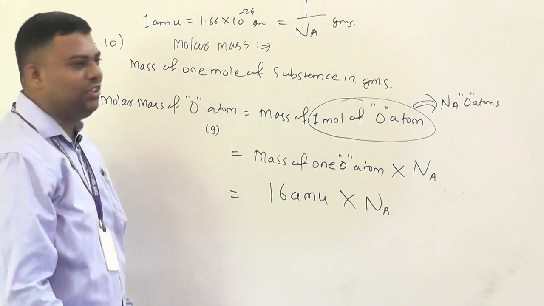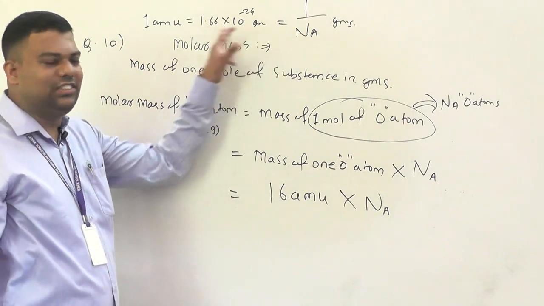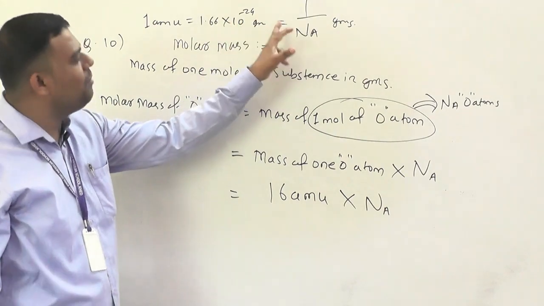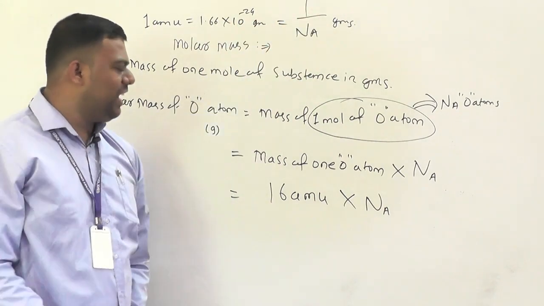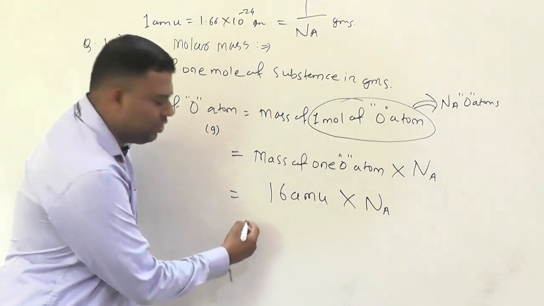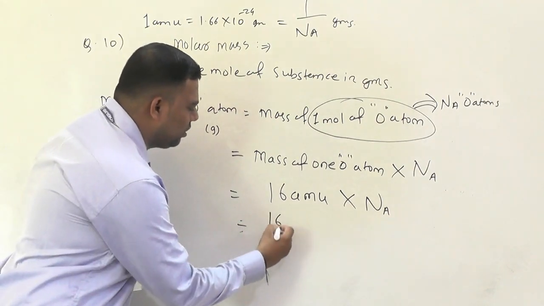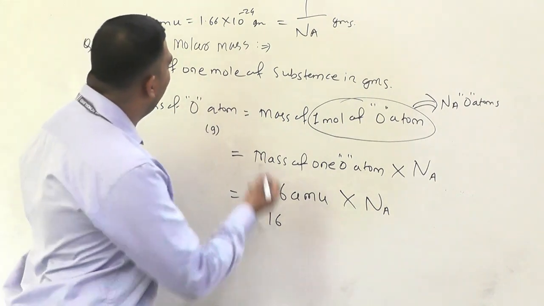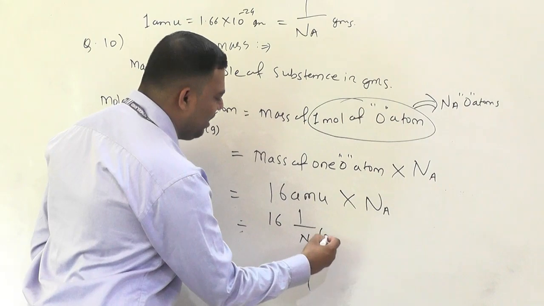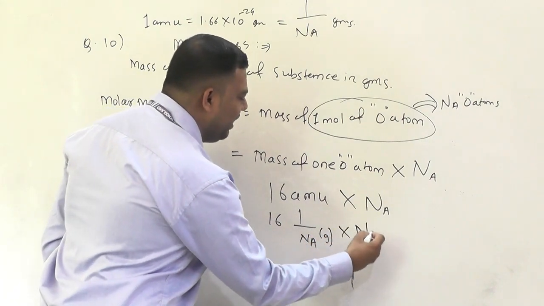We already discussed this. So can I write like this here? So 16, again here I will write 1 upon Na in gram, into Na.